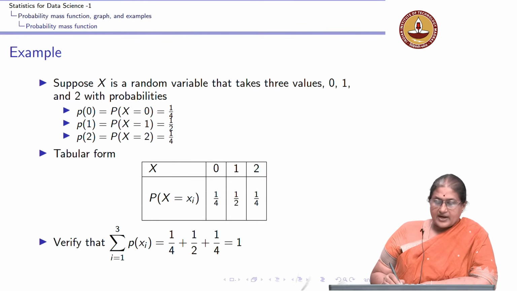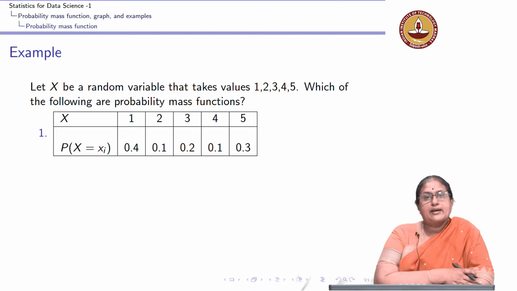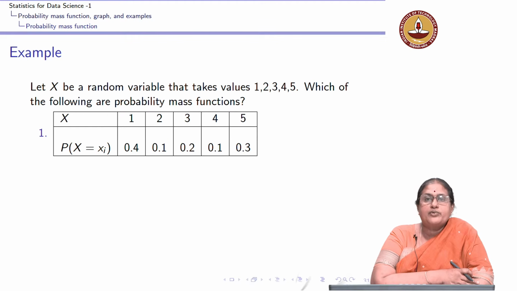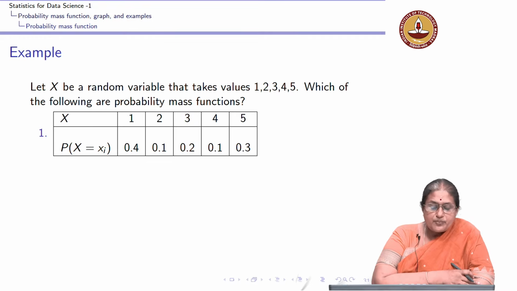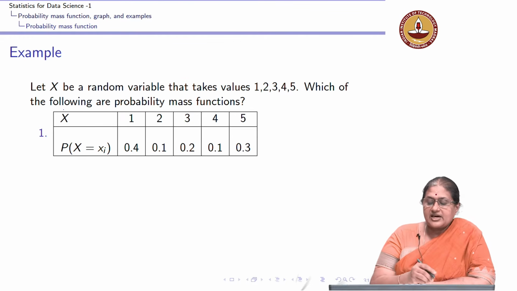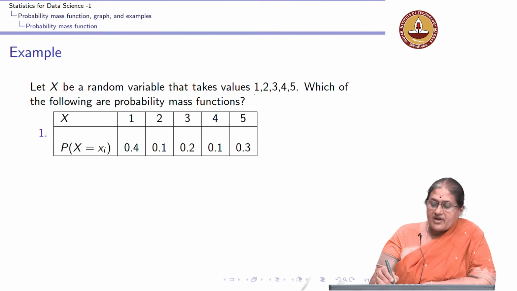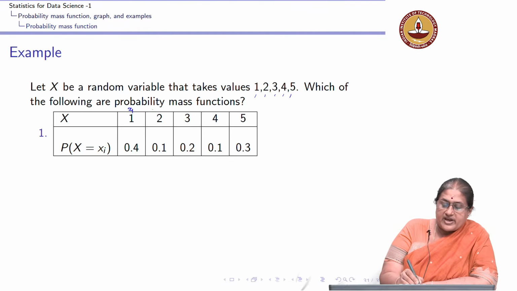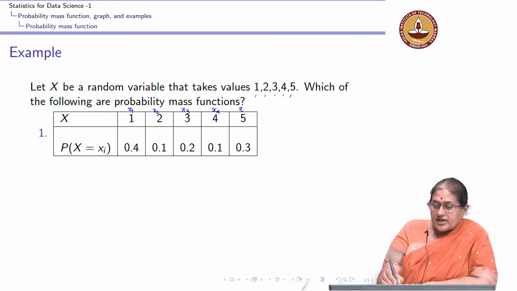Let's look at some more examples to understand the properties of the probability mass function. Now, suppose I have x as a random variable that takes values 1, 2, 3, 4, 5. So, this is my x1, x2, x3, x4, x5.